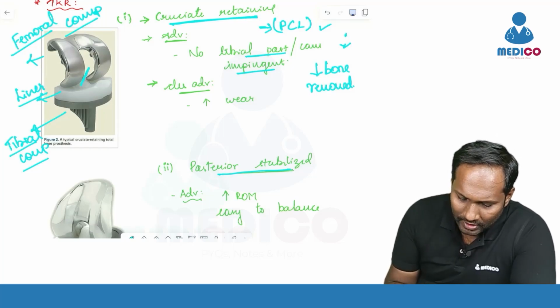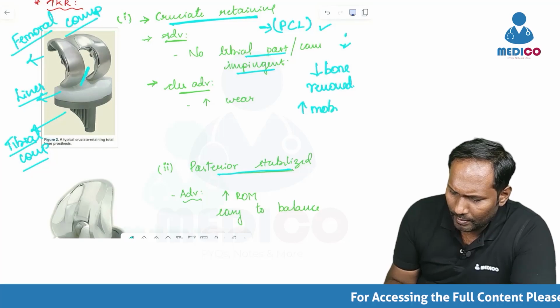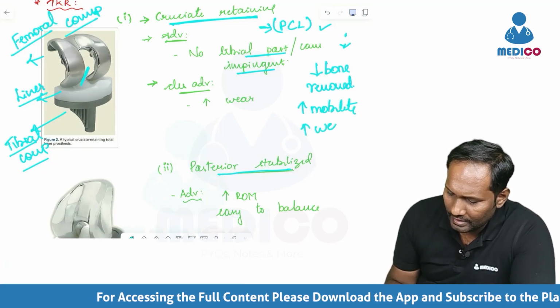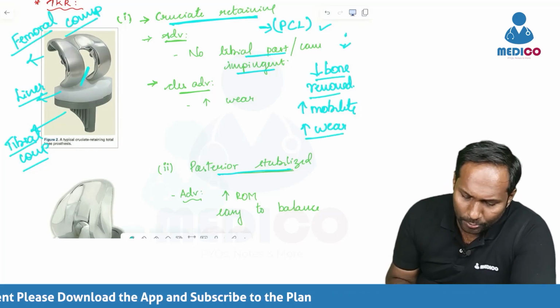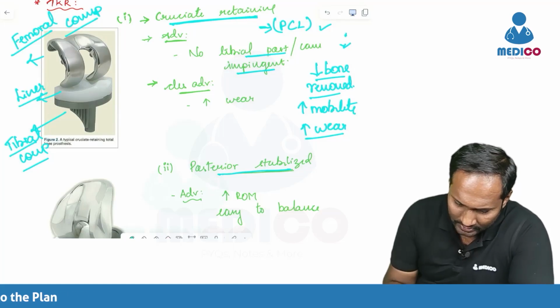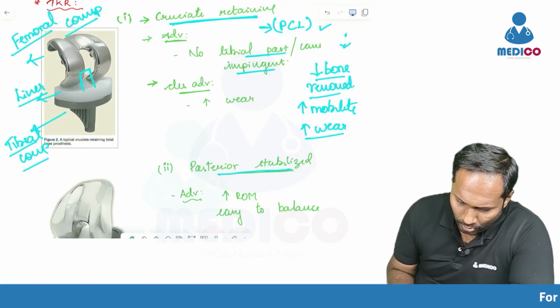The only disadvantage is that this offers better mobility, but as the mobility increases, there is going to be a higher rate of wear in this type of implant. How do you pick this up in the exam? The central block won't be there. Let's look at that.